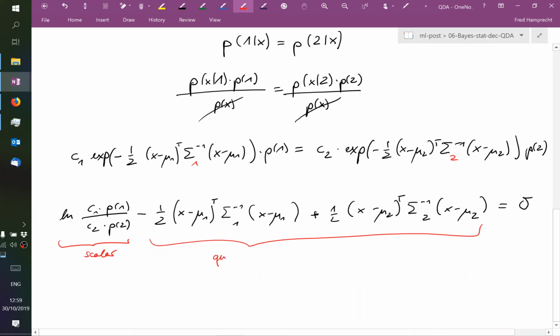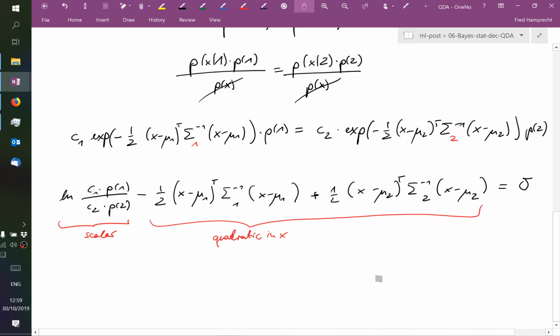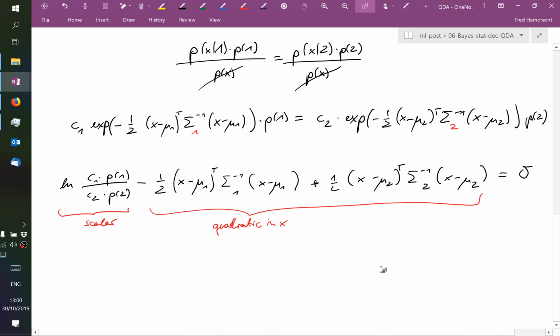But we find something which is quadratic in x. And if we now look for the set of solutions, so for which x does this equality hold, what I find is that overall, I get quadrics.